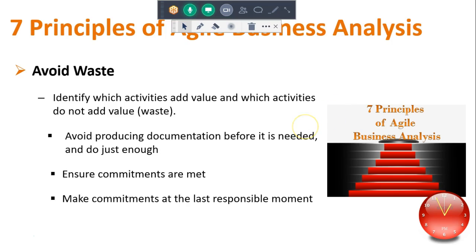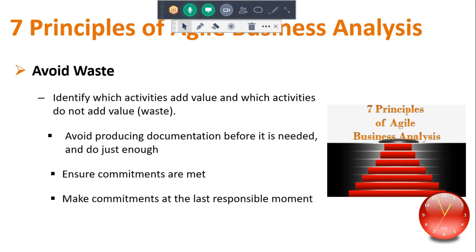Doing just enough means zero is probably not just enough. There's going to be some sort of documentation that's probably needed. Maybe your stakeholders won't even understand why that documentation is needed, but you need to be able to say to them, if we're going to be efficient, for instance, if we're working on a product and we know this product is going to continue to be used and continue to be enhanced, then we need to know what that product is right now, what it does right now.